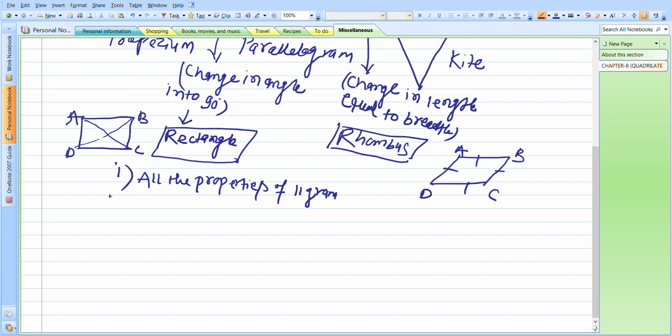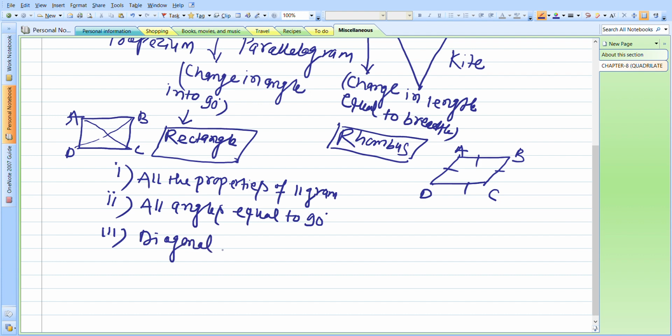The second, additional properties, not in a parallelogram, only in rectangles: first, all angles equal 90 degrees. Second, because all angles are equal, the diagonals are also equal.